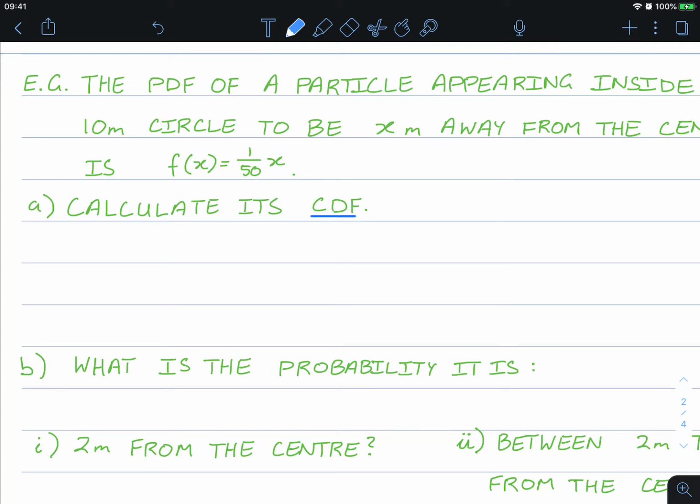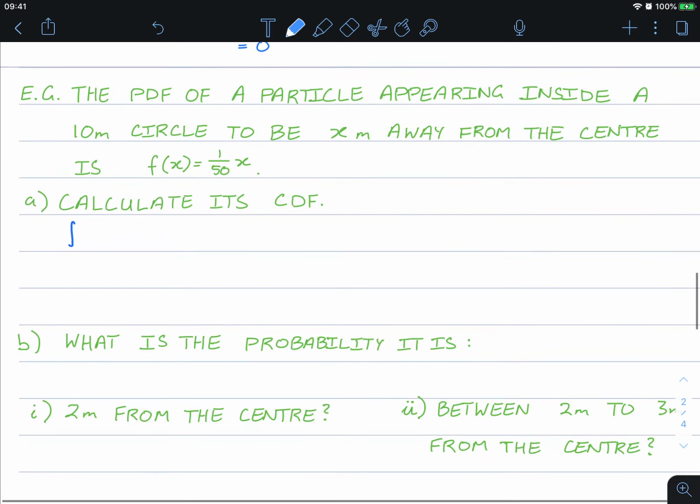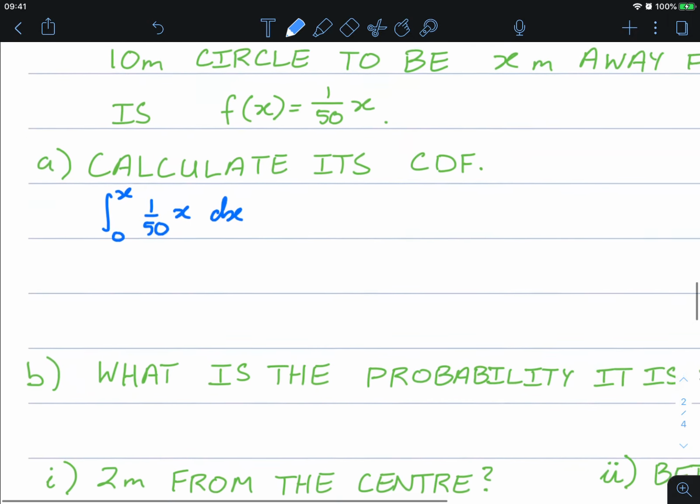To find its CDF, cumulative distribution function, we take the integral of f of x between 0 and x: 0 to x of 1 on 50 x dx.